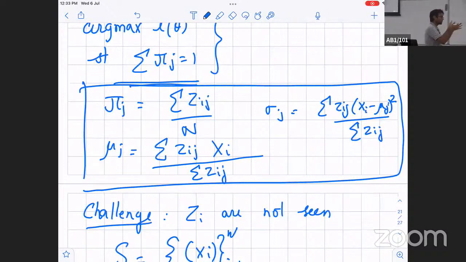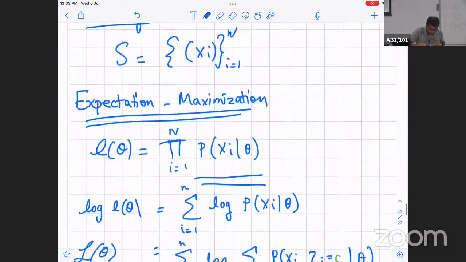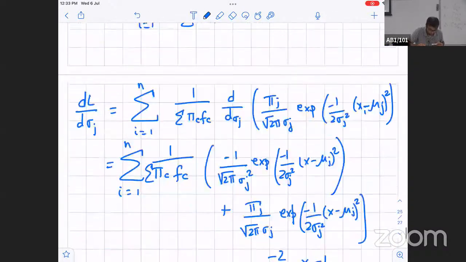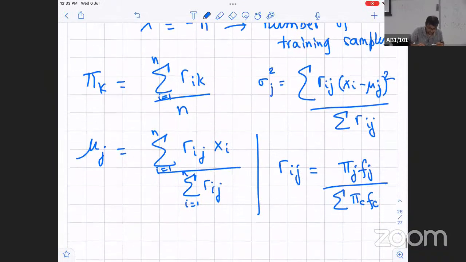If you know the samples, you just collect them together and get the average, right? That's what we said. Now, after we did all this complicated math and all these derivations and calculations, we got this. Can you see the similarity? Can someone tell me what the similarity is between this and what we derived? Yes, whatever was zij has become gamma ij. And what is the property of gamma ij?